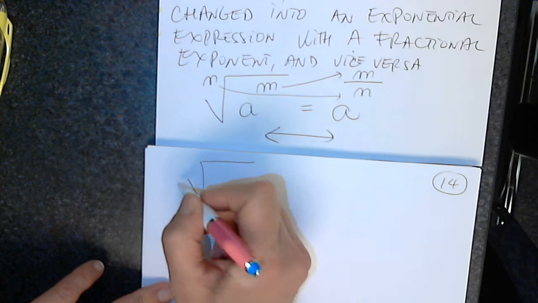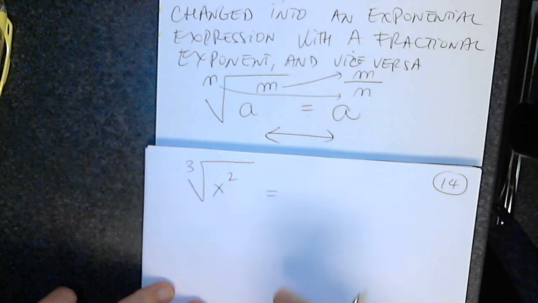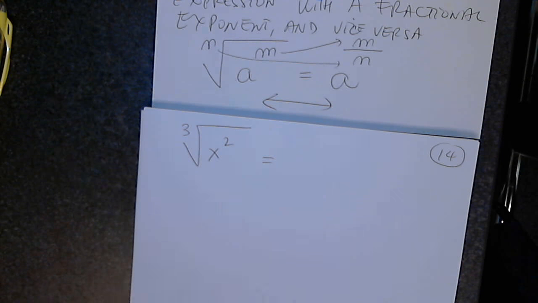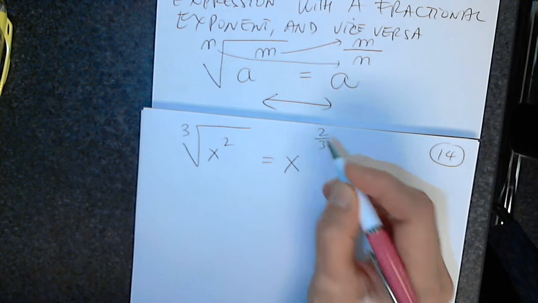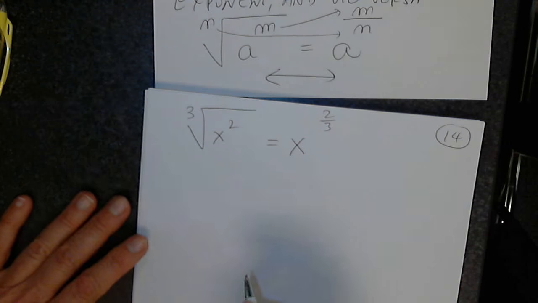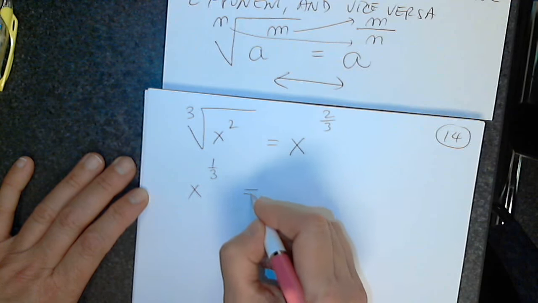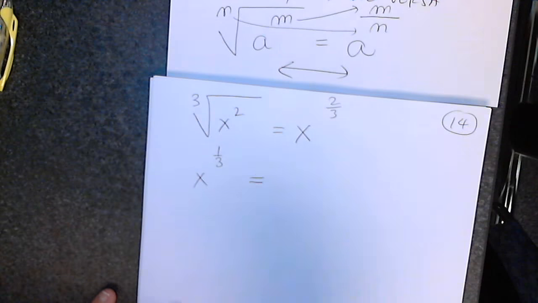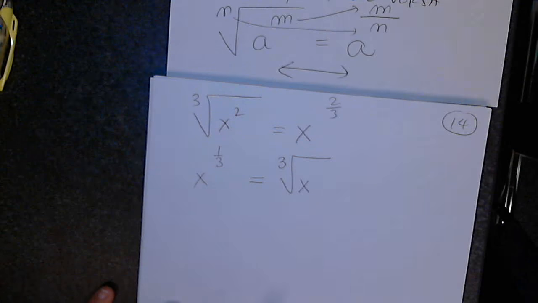If I ask you the cube root of x squared, how will you change this into an exponential notation? X raised to 2 over 3. Very good. Now, if I ask you to change x to 1/3 into a root, what will you say? The cube root of x to which power? 1.